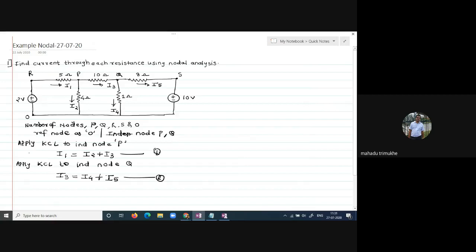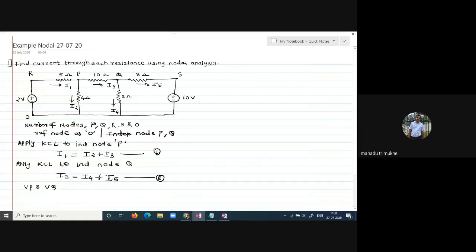Then the next step is we have to assume node voltages for the independent nodes P and Q, that is Vp and Vq. So now the independent voltages are Vp and Vq.